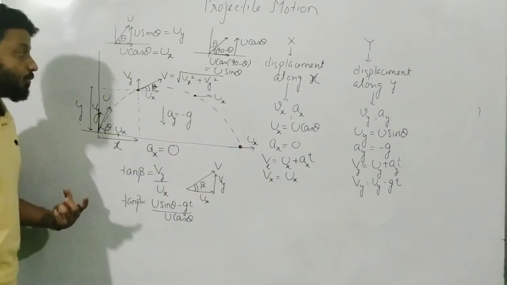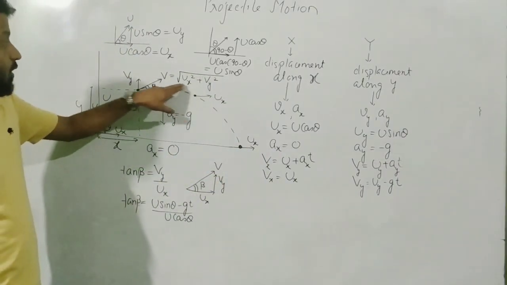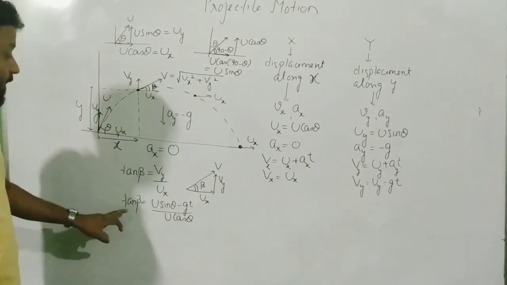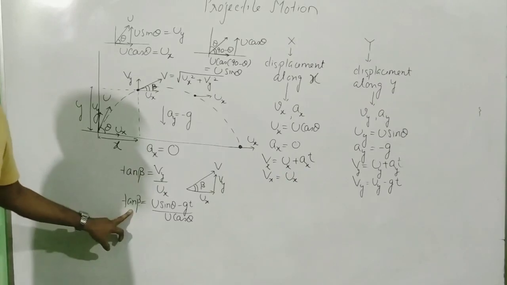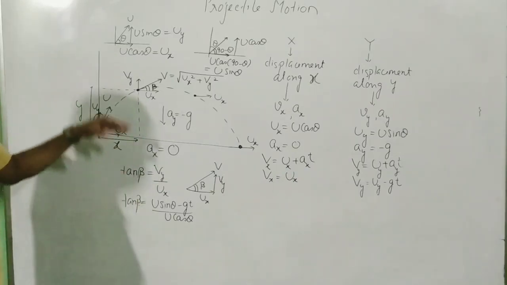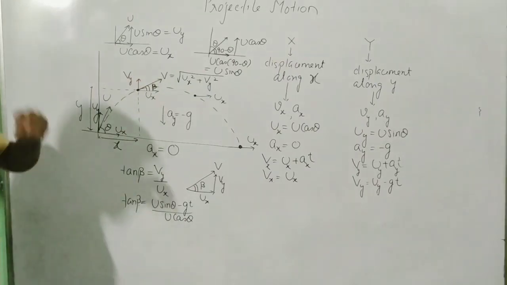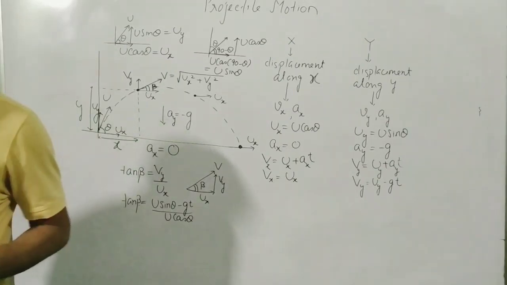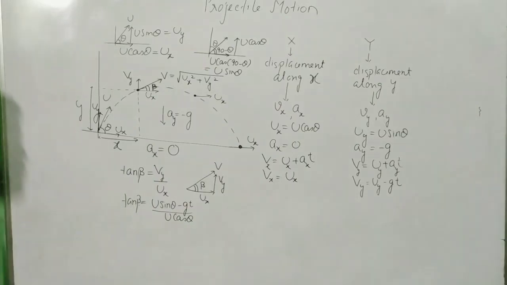Once you get the value of Vy, rely on this formula to find the resultant velocity at any point or at any height, and rely on this formula to find the angle at which that velocity is traveling at that particular point. Please make a note of this, and remember, this is the trick to find the velocity at any point or at any height.